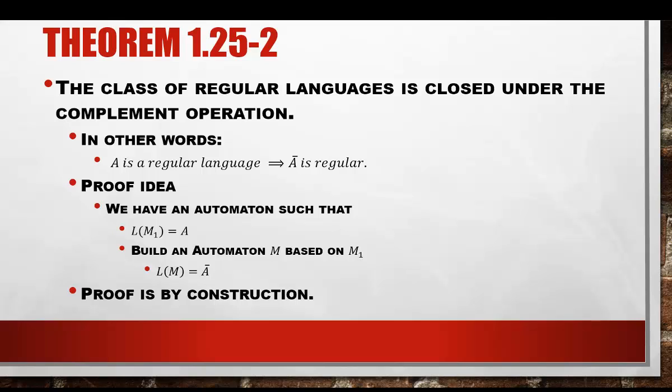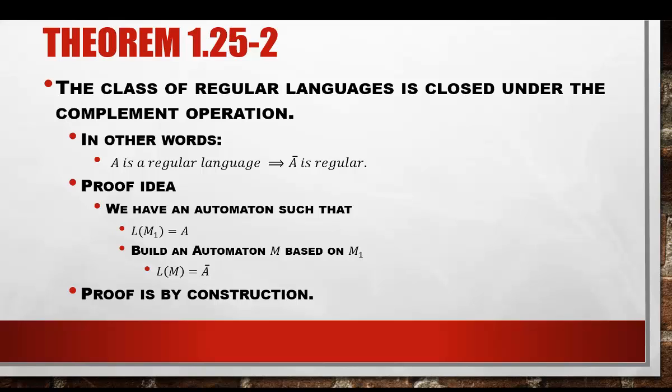The proof idea is fairly simple. It's basically just like the idea that we used for the proof of closure for intersection and union of regular languages. The idea is we start with an automaton that accepts all strings from the language, and then we build an automaton that accepts all the strings from the complement of my original language.